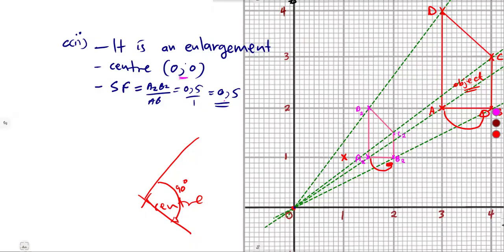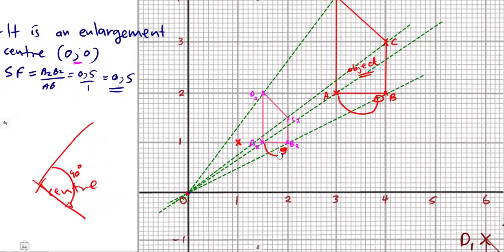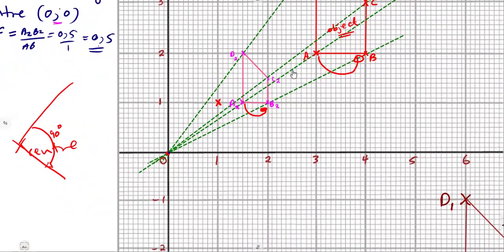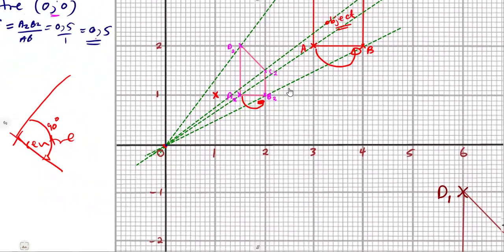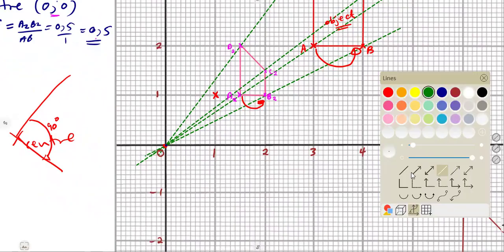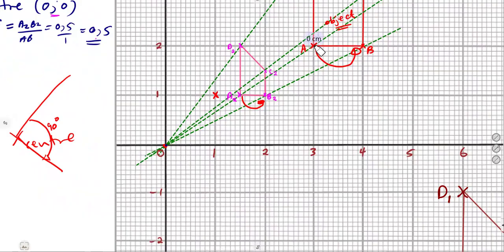So you can do that one as a test, you have it on the diagram. I'm just going to show you on one point, then you prove it with the other points. Let me explain. You take the point A. You want the image of A, so you must join A to the center, which is 1, 1.